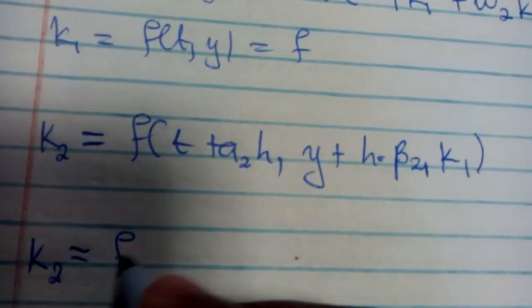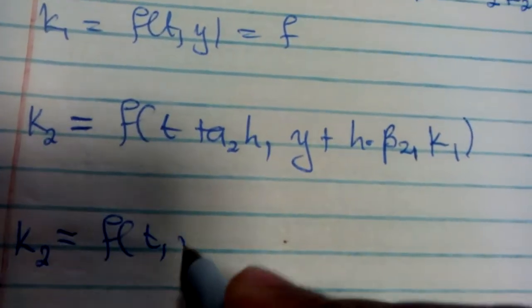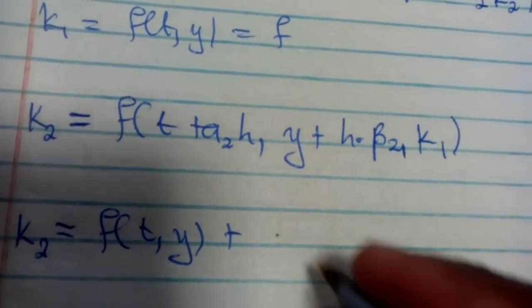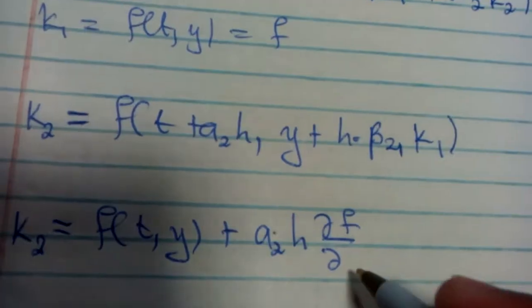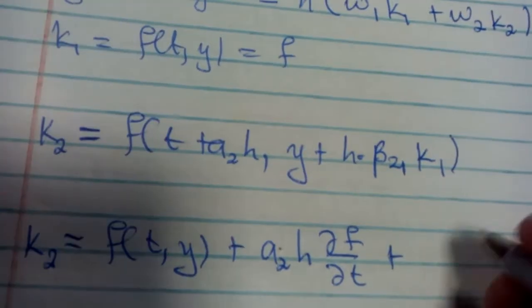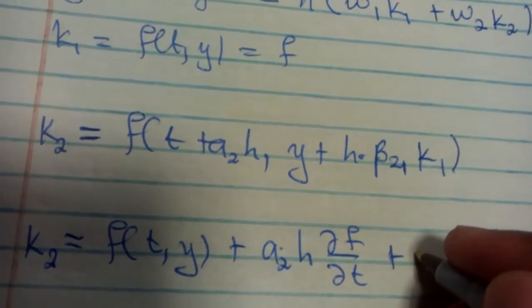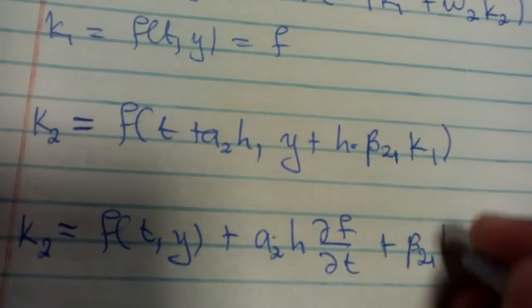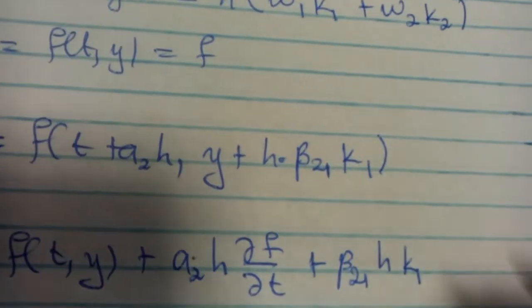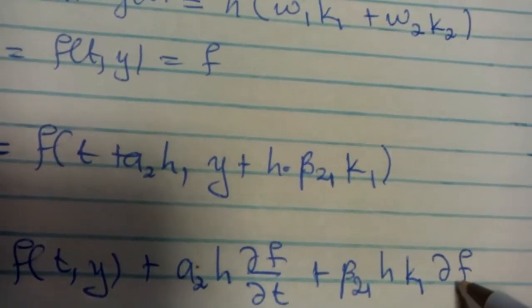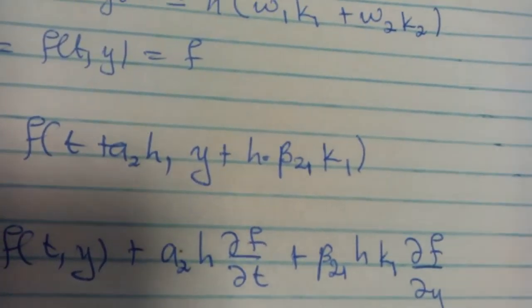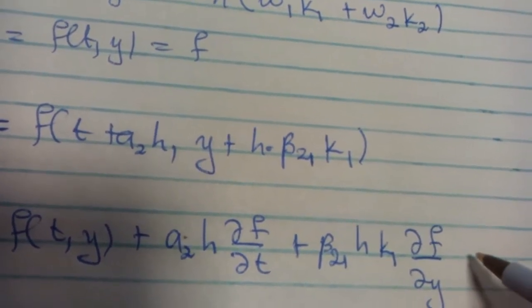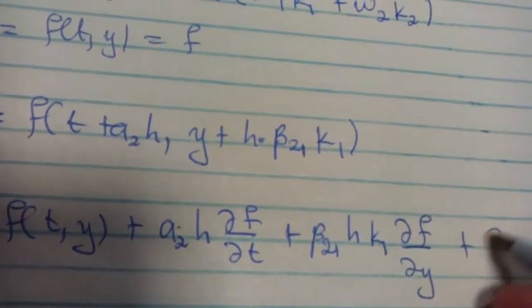This is given by f(t, y) plus a2 h partial f partial t plus beta 21 h k1 partial f partial y. Right, I can truncate this point plus all higher order terms h cubed.